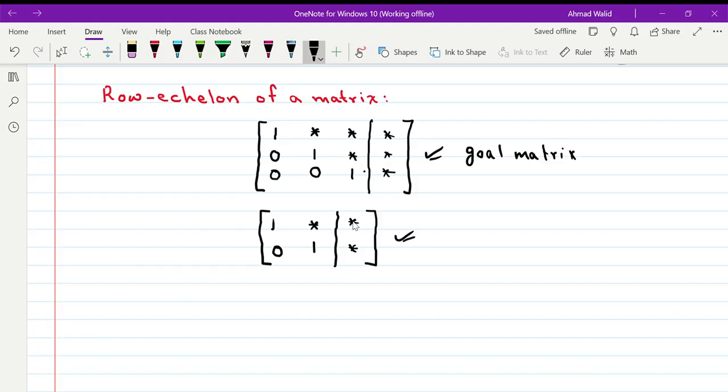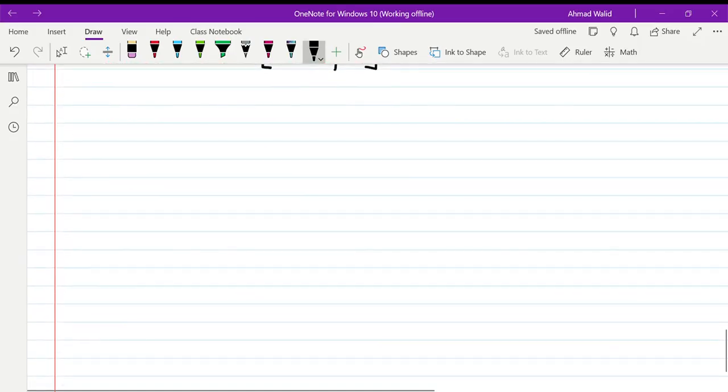Correct? Now, before even jumping to solve the system, let's practice with this topic how you can change a given matrix to row echelon matrix. Correct? I'll do maybe one or 2 examples here for you. Example number 1.